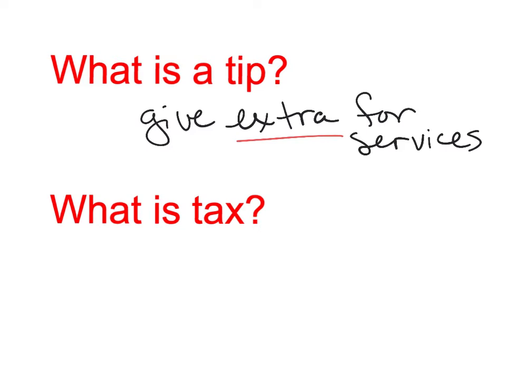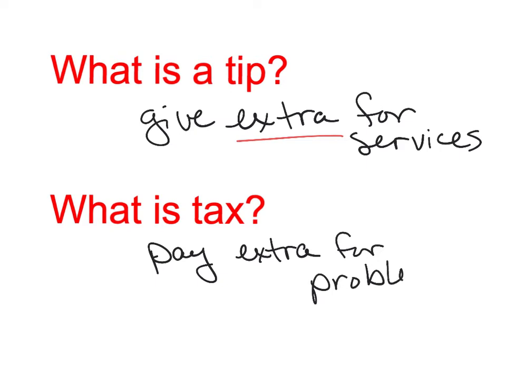Tax is what you pay extra for products. Basically, we pay sales tax on everything in Minnesota except for food and clothes, the necessities. But if you go out for dinner, you pay sales tax on that.